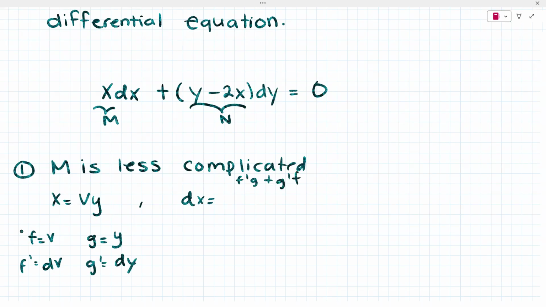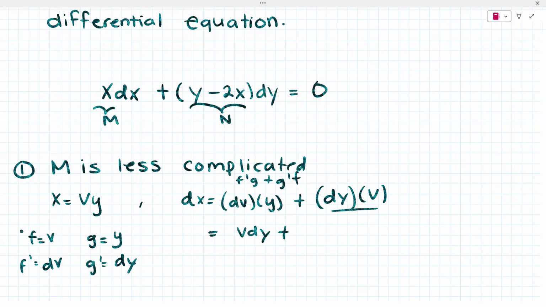So f prime is dv, g is y, plus g prime is dy, and then f is v. Okay, you can clean this up and rearrange it. I'll put this in front, so it's going to be v dy plus y dv. Okay, so that's your dx.